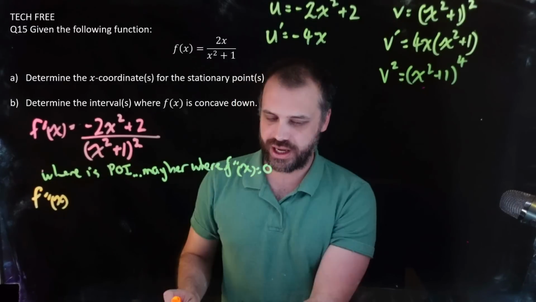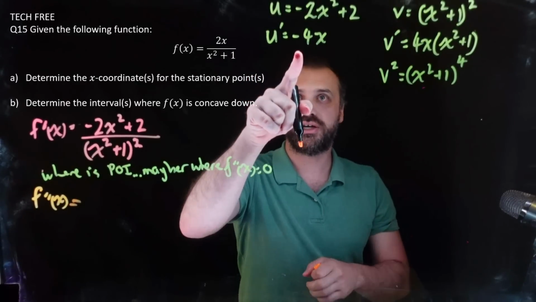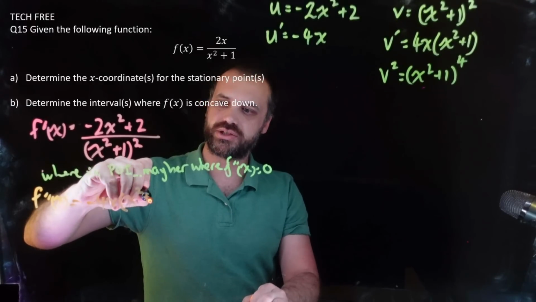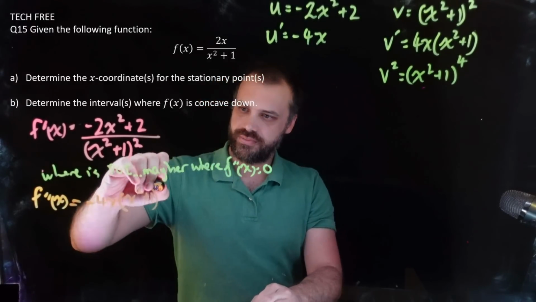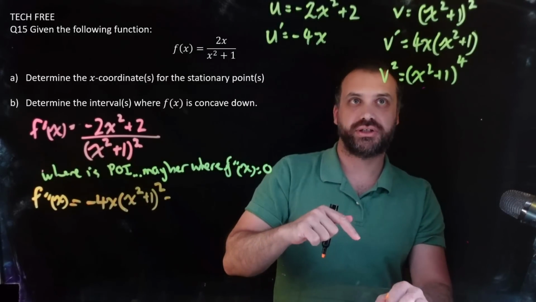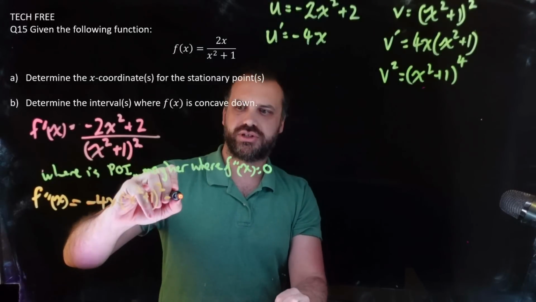Now that I have all of that, we put it all together, and we can say v u dash, so that's negative 4x times x squared plus 1 squared, minus u v dash. So how can I put them together neatly? Let's just do it.